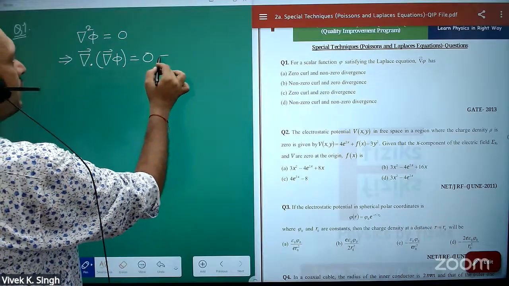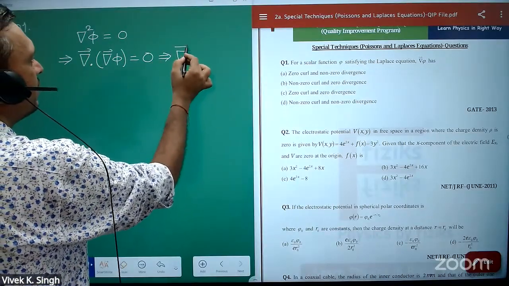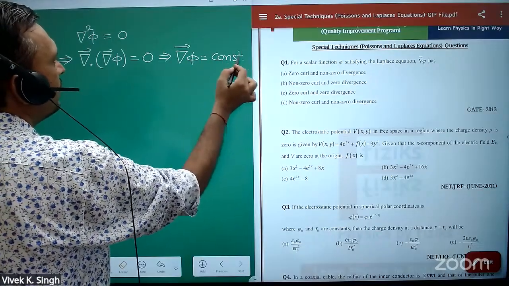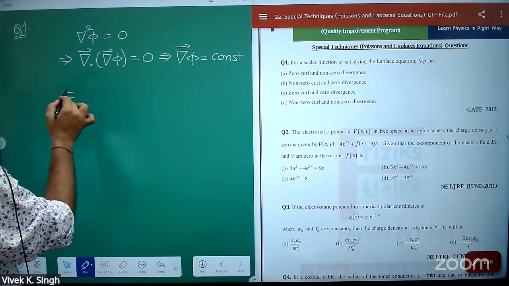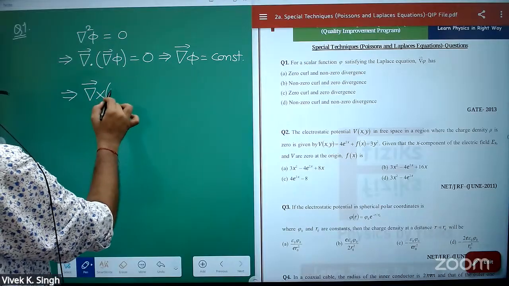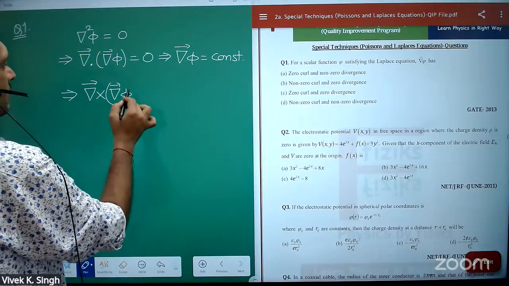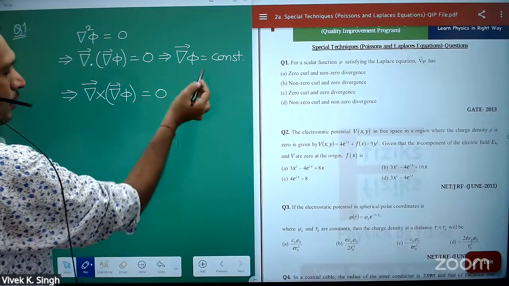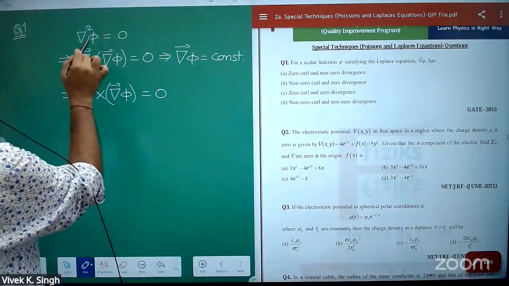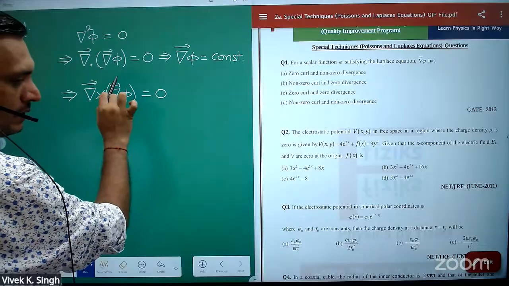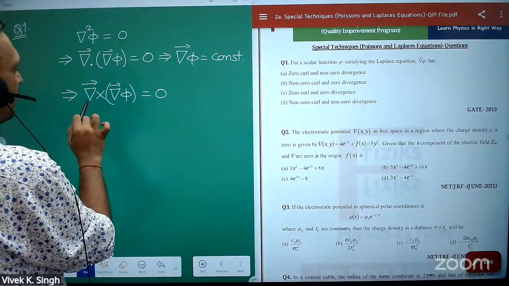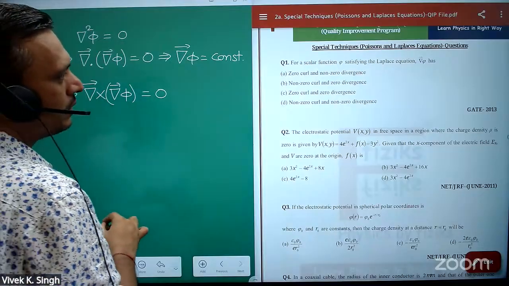And this condition will be satisfied when gradient phi is some constant value. So when the gradient is constant, what will be the curl of this value? Curl of a constant is 0. It means when del square phi is 0, the gradient of scalar function phi has zero divergence, and also the curl of a gradient will be 0.